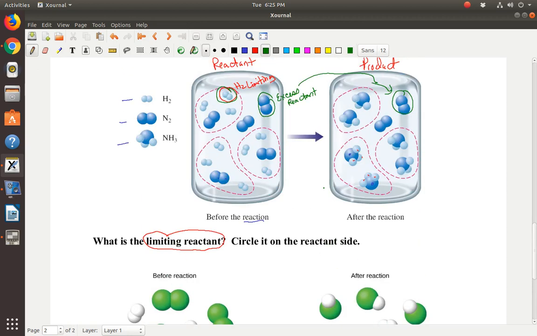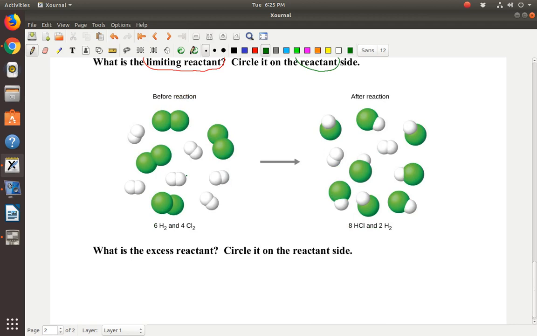Okay, let's look at the next one. And notice I told you to circle it on the reactant side. Circle that's on this side. Let's look at the next one. Before the reaction, here you have hydrogen and chlorine. And chlorine is the big green guys, and hydrogen is the little white guys. And it says, what is the excess reactant? Circle it on the reactant side. So that means the reactant I have too much of. Well, if I compare the two sides, notice that 1, 2, 3, 4, 5, 6, 7, 8.